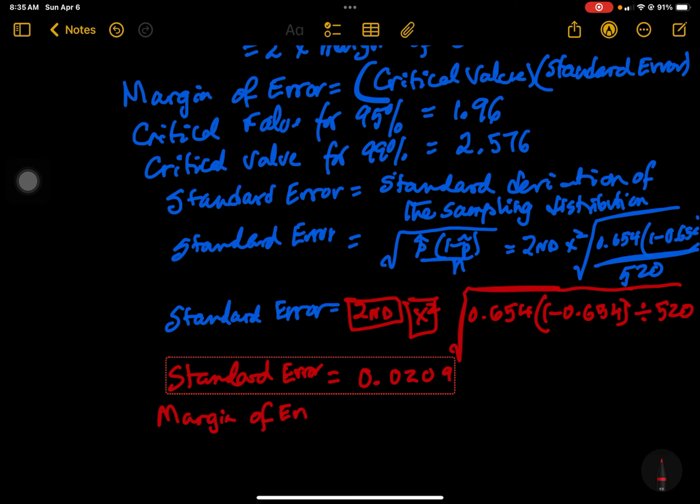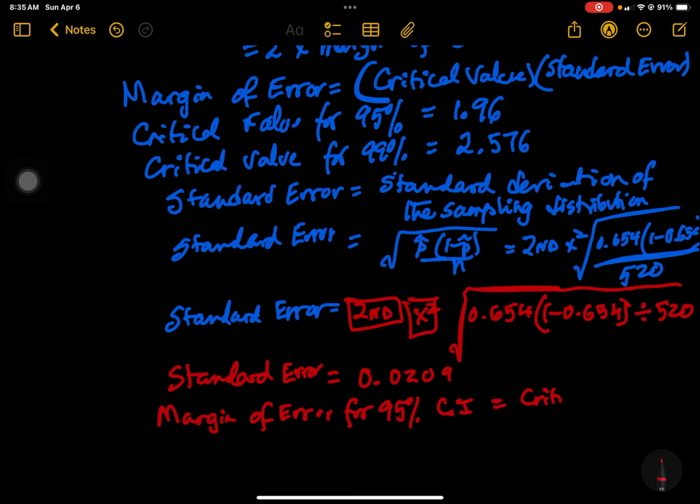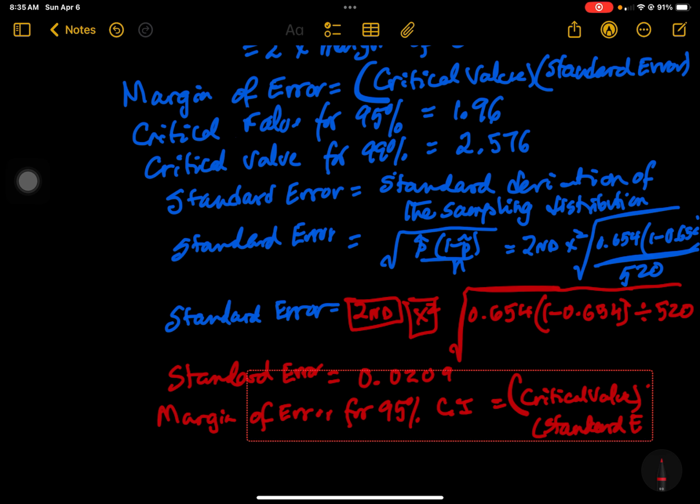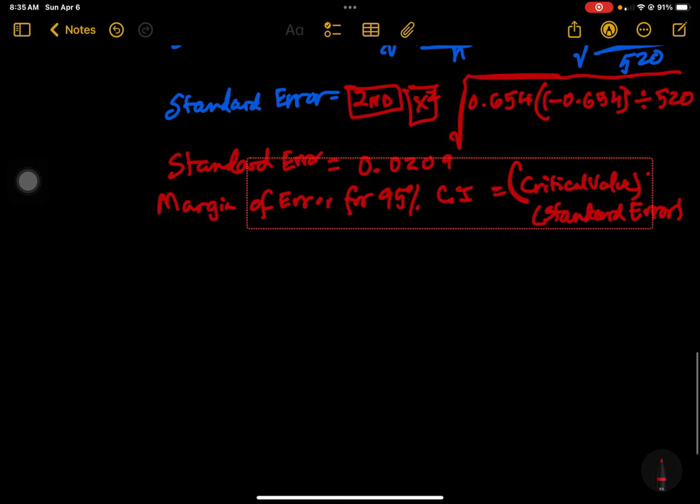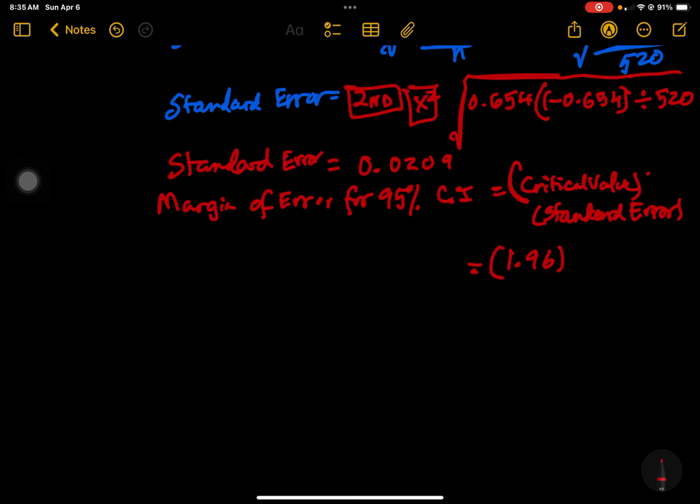Hence, margin of error for the 95% confidence interval is critical value times standard error, which is equal to 1.96 multiplied by 0.0209.